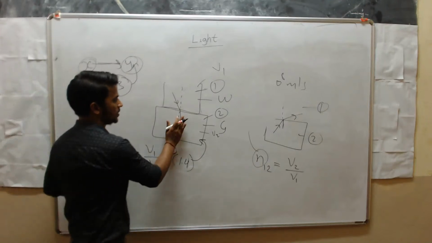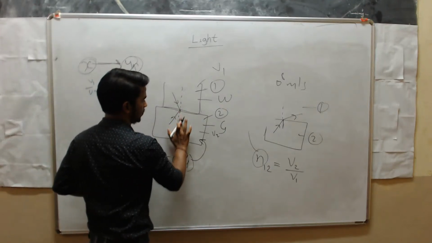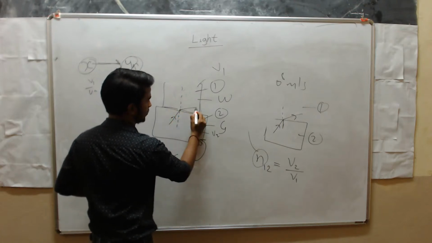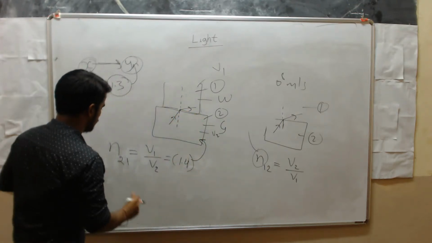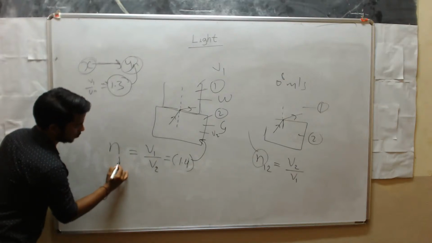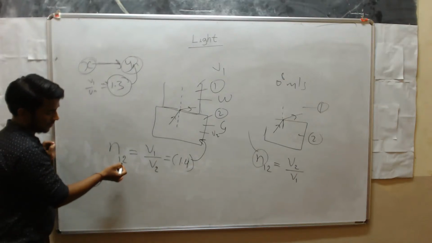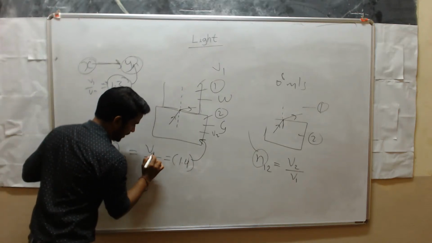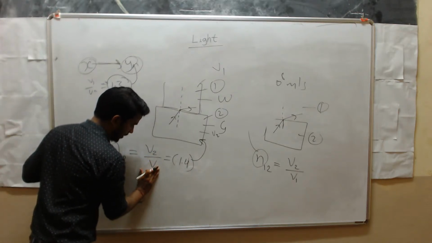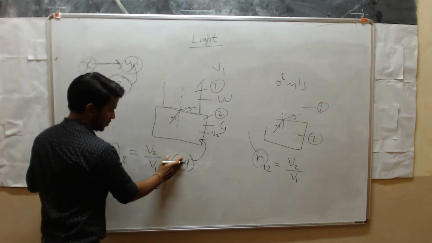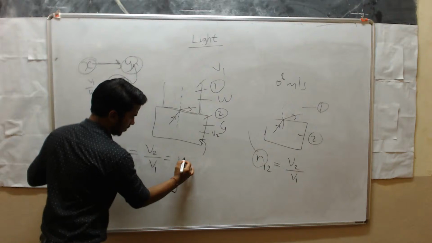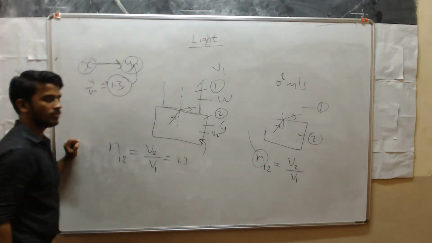Suppose now I will pass a ray of light from water to glass. Sorry, from glass to water. So now here we can write N12, the ray of light traveling from medium 2 to 1, equals the speed of light in medium 2 divided by the speed of light in medium 1. So here also you will get one answer, just as an example, say 1.3.